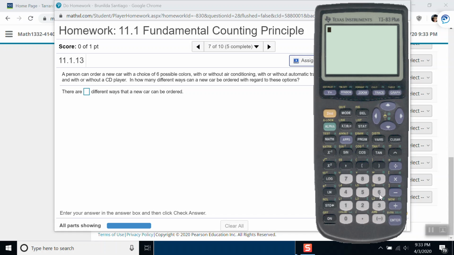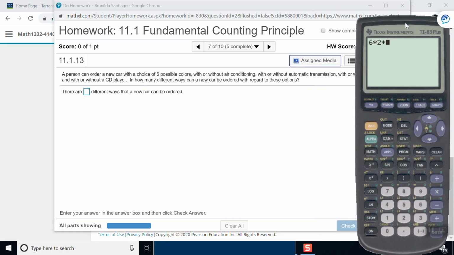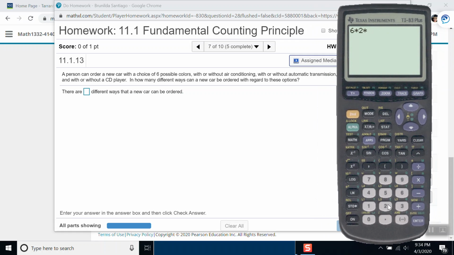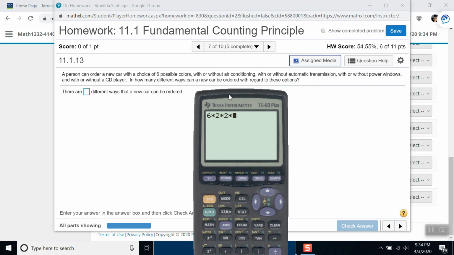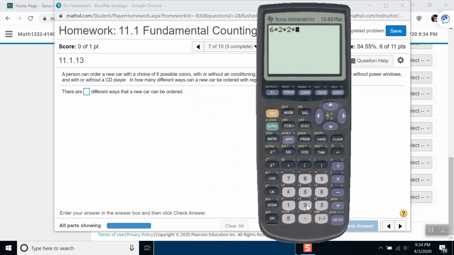That will be 6. Then it says with or without air conditioning. That's 2 choices. With or without automatic transmission. Another 2 choices. With or without power windows. That's another 2 choices. And with or without a CD player, times 2.